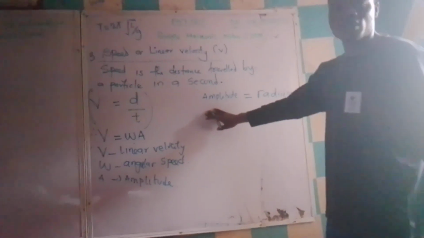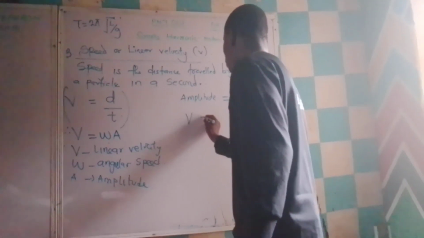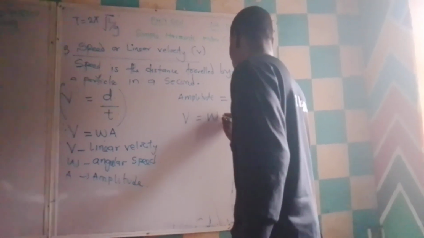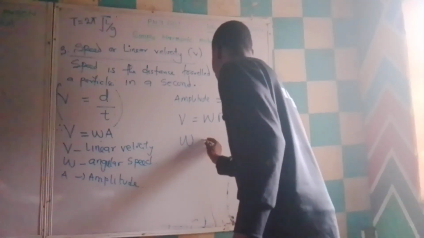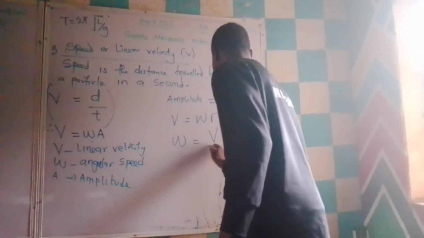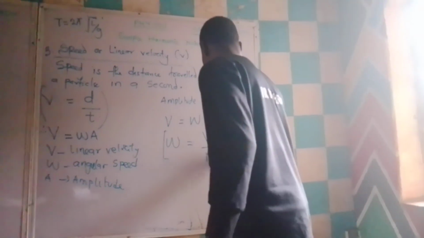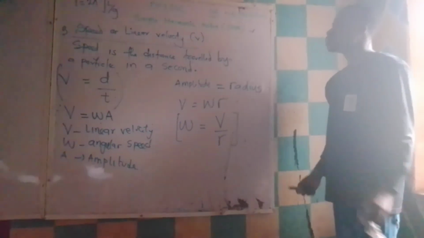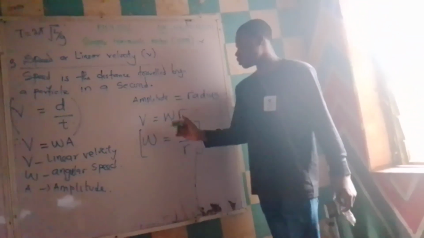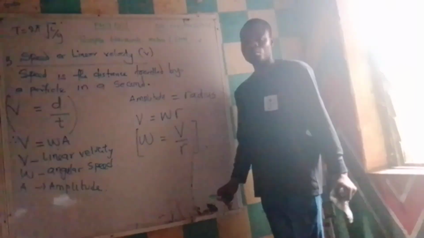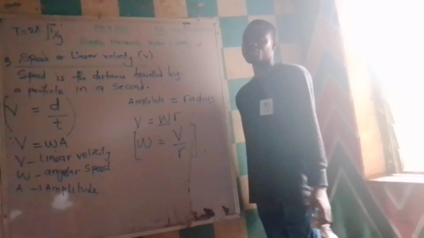If my amplitude is the same as the radius, the formula is V equal to W R. So my W is equal to V over R. So the connection between linear speed and angular speed is V equal to W R, where V is the speed, W is the angular speed, and R is the radius.